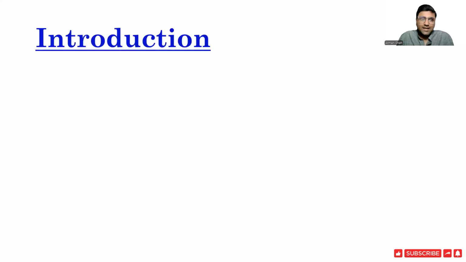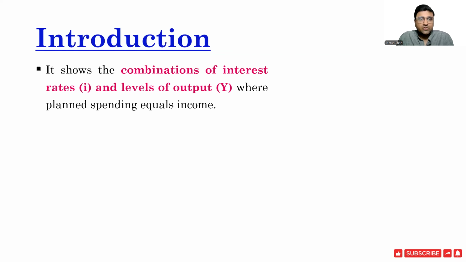Now we know that the IS curve shows the combinations of interest rates and levels of output where planned spending equals income. And this is the IS equation: Y equals alpha G times A bar minus B times I. In the previous video, I discussed the formal mathematical and graphical derivation of the IS curve.